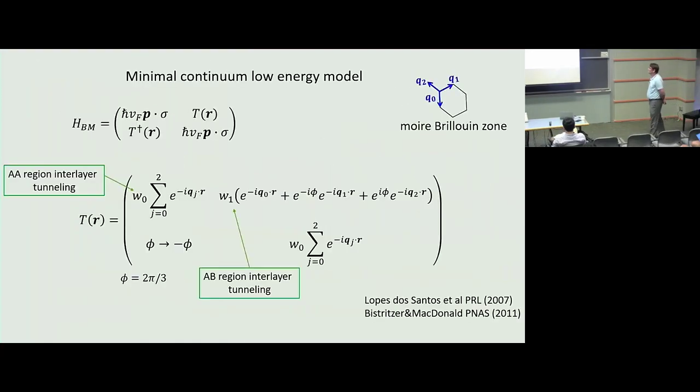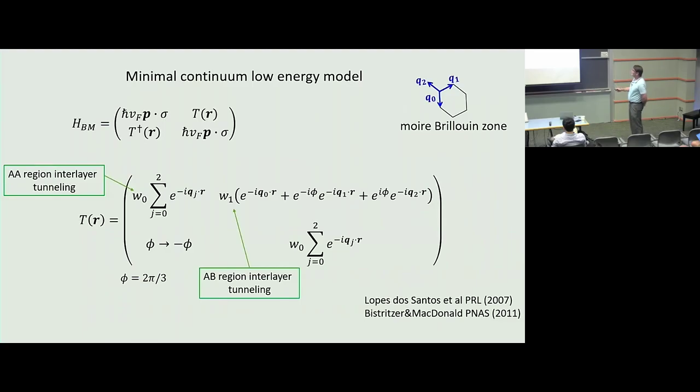So what we do for the purposes of this talk is focus on this minimal continuum model, also known as the Bistritzer-MacDonald model, which for a given valley and given spin is a 4x4 differential operator.